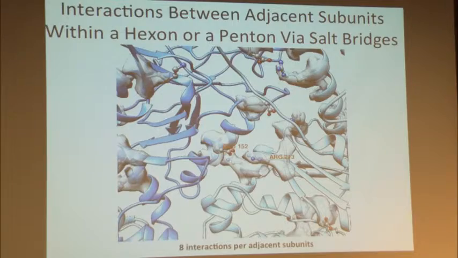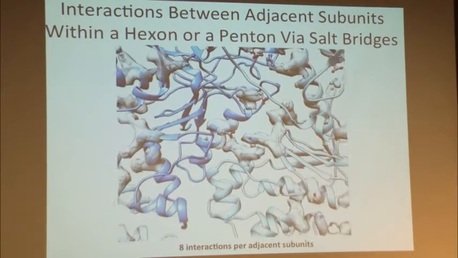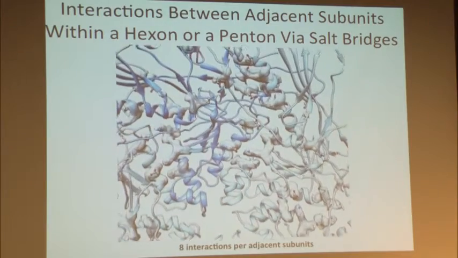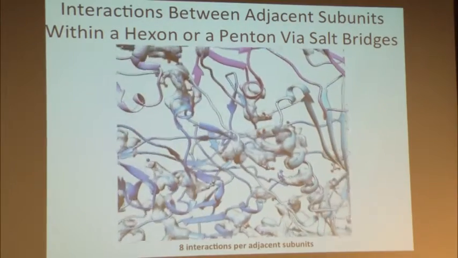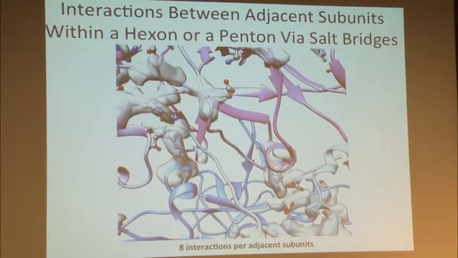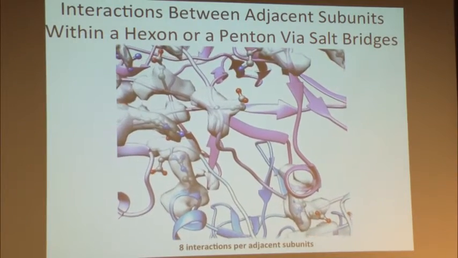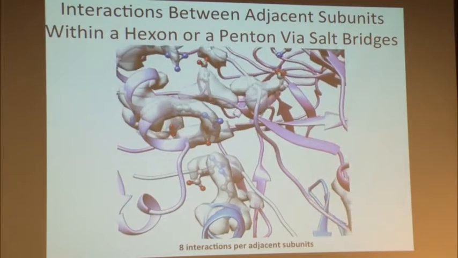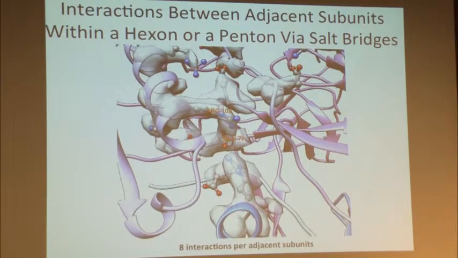If we measure the distance and the geometry of the side chain, this seems to be the right distance for the formation of the salt bridges. So we discover there are salt bridges between the adjacent molecules that form this capsomere unit. So that is the kind of structural insight we can get.